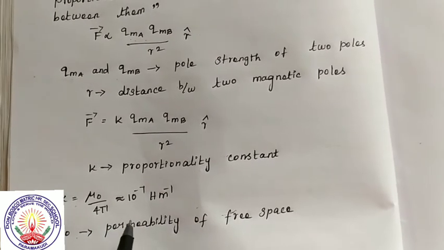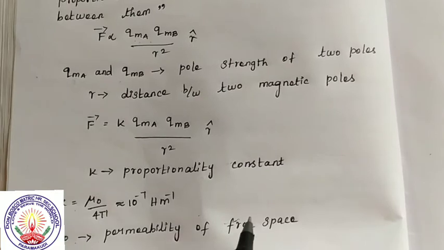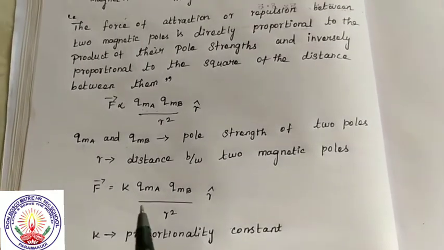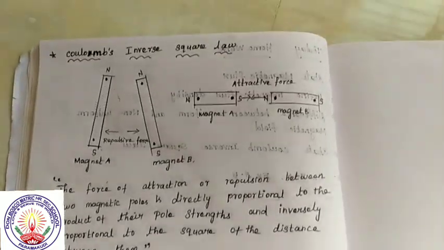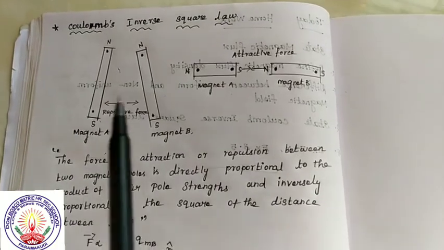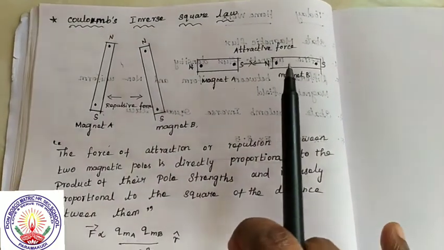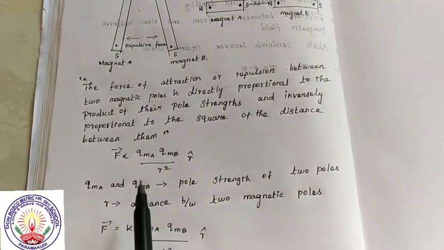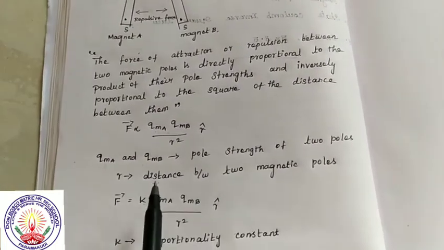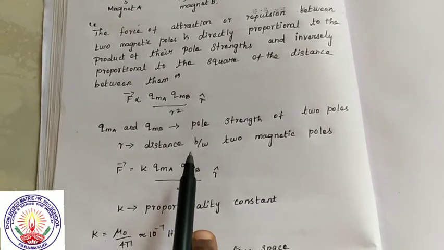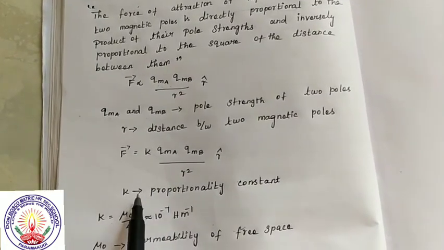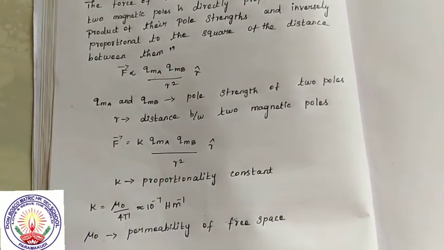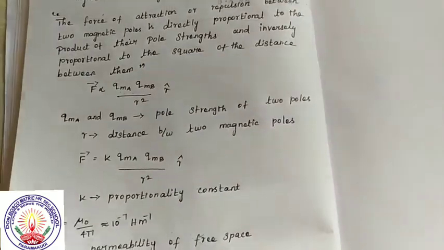Mu naught means permeability of free space. Is it clear? Yes. What is repulsive force? What is attractive force? Then the statement, then the equation, then the important terms, then we write the K value and mu naught. Then at the last is the problem.